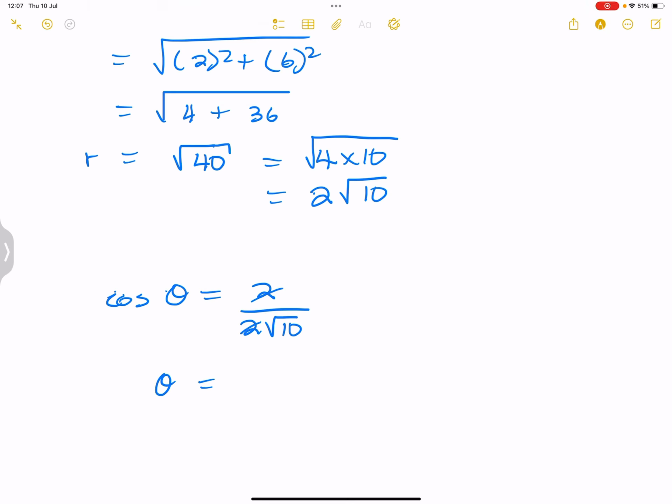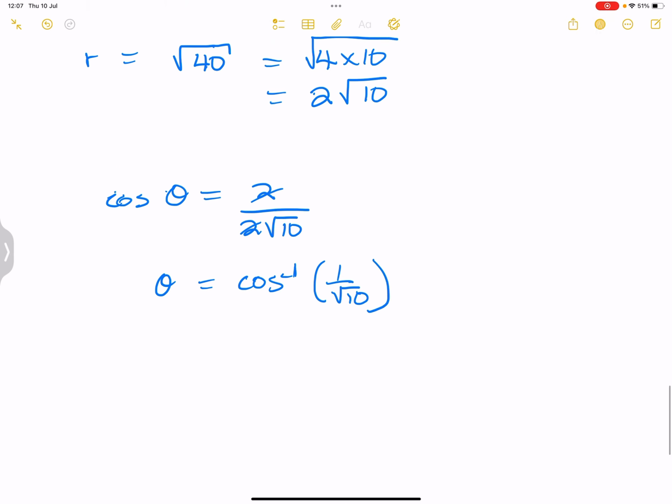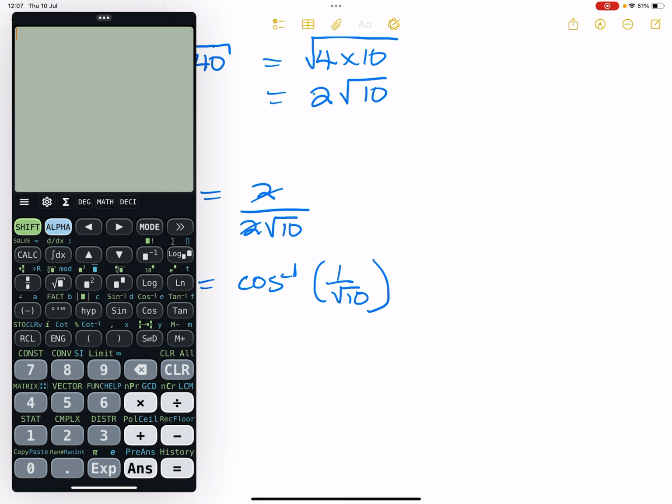Of course, you can cancel those two out. We've got 1 over root 10. So this is the arc cosine of 1 over the square root of 10. Let's find that value. All right, and I get a value of 71.6. If that's given in 2 decimal places, I'm going to just leave it as that.